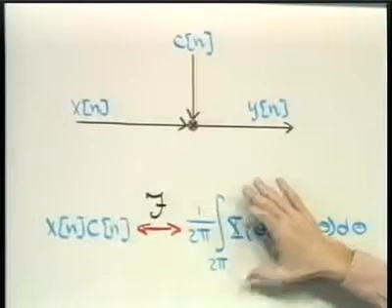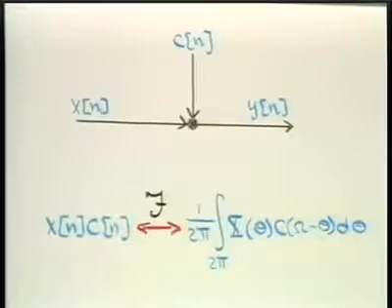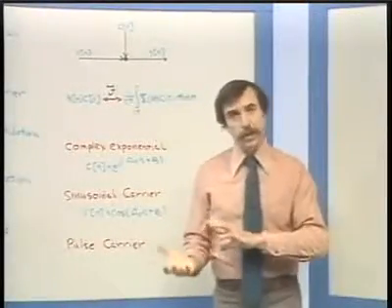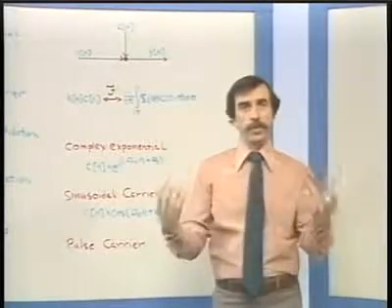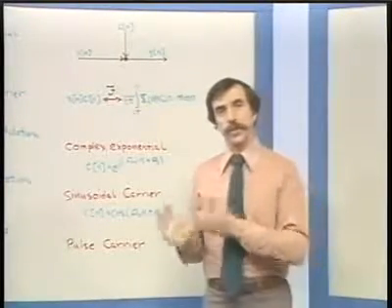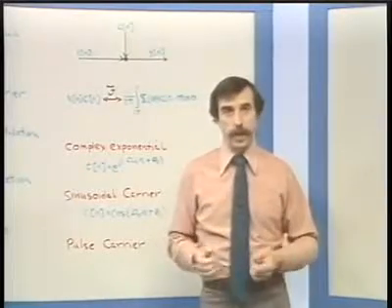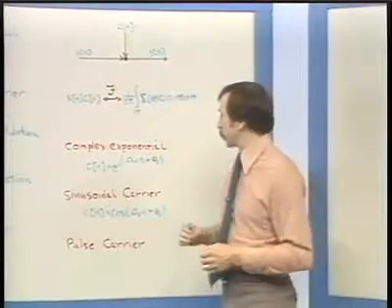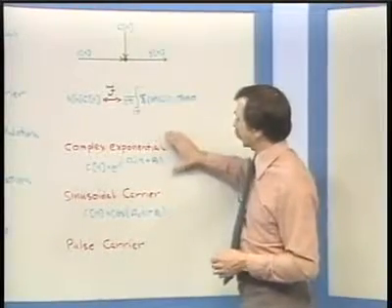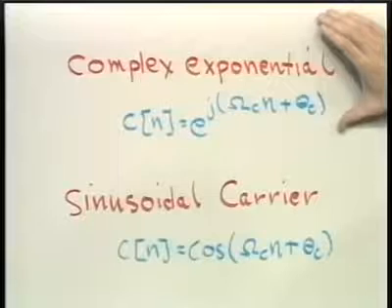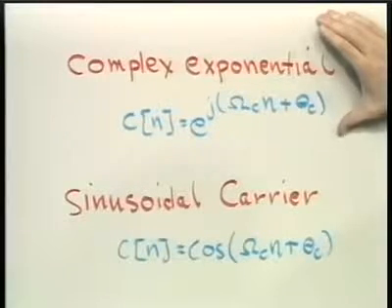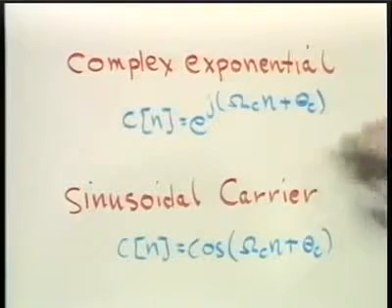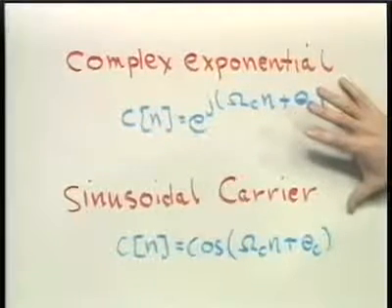And the only real difference here is that in the discrete time case, what we're talking about is a periodic convolution, because the spectra, of course, are periodic, whereas in the continuous time case, it was an aperiodic convolution. So let's parallel the discussion, and in particular, what we'll focus on is first a complex exponential carrier, and second a sinusoidal carrier, and we'll see how this parallels our discussion in continuous time.